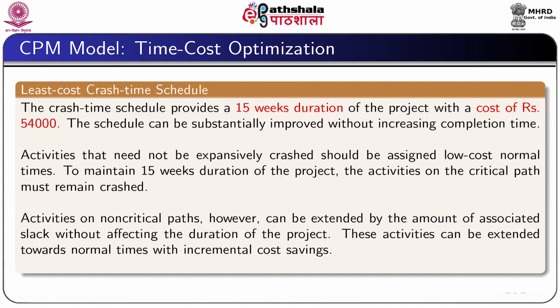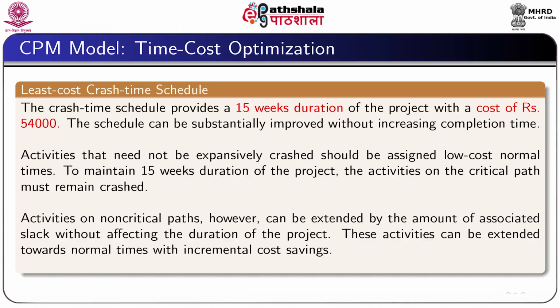Now, we consider the least cost crash time schedule. The crash time schedule provides 15 weeks duration of the project with a cost of rupees 54,000. The schedule can be substantially improved without increasing the completion time, that is 15 weeks.